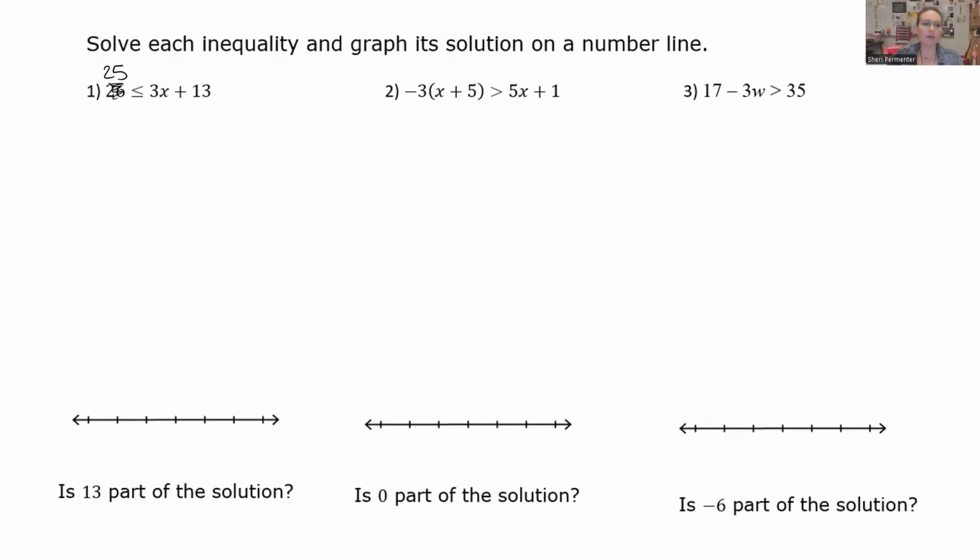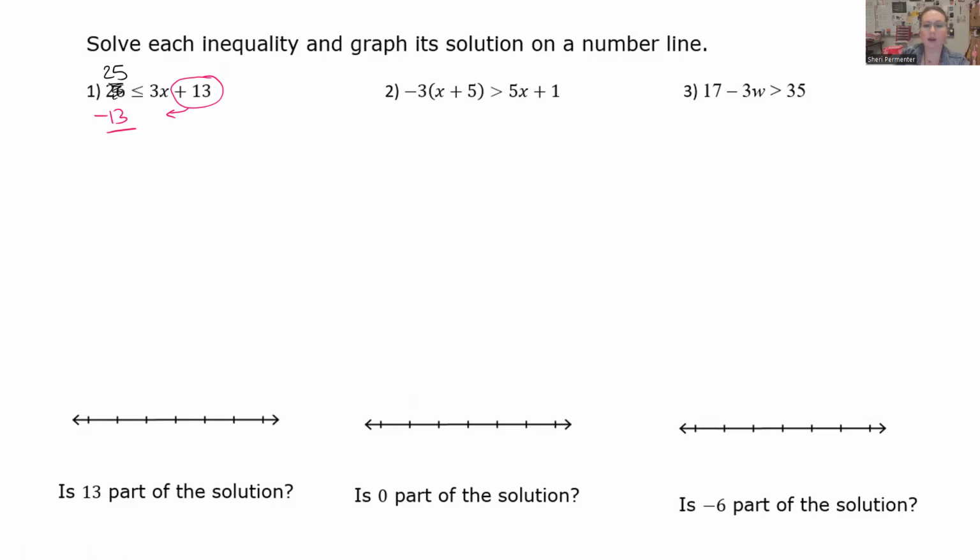All right, so if I was solving this inequality, it's the same as solving an equation, same steps. So this is a two-step equation. What would my first step be here? Subtract the 13. I need to get rid of plus 13, and I need to bring it over and subtract 13.